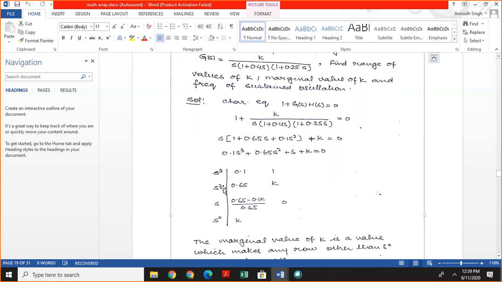S square is 0.65 and K, and the coefficient of S is 0.65 multiplied by K minus 0.1 multiplied by K, divided by 0.65. Other coefficients are 0, and this K is the coefficient of S0.